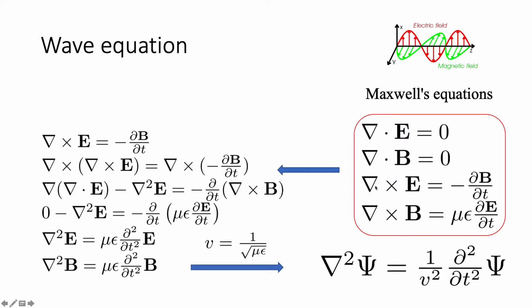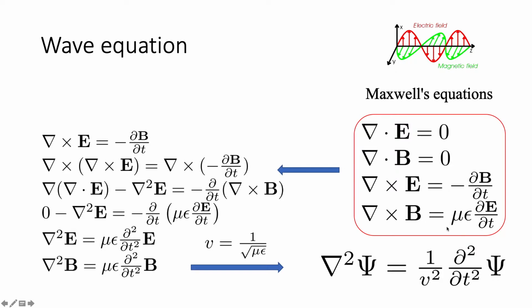The wave equation can be derived from Maxwell's equations with some basic operations. Here, capital E and B are the electric and magnetic fields, respectively.